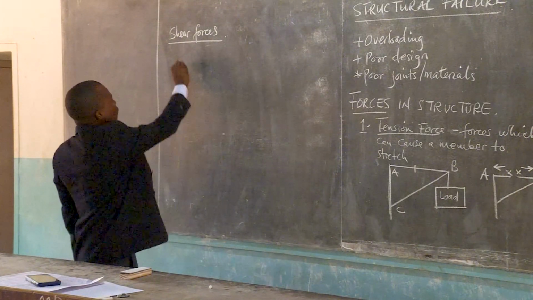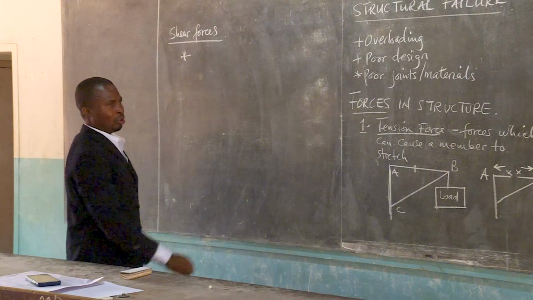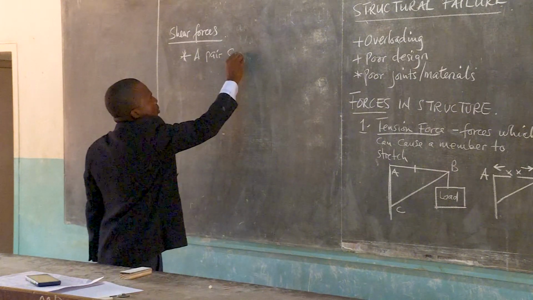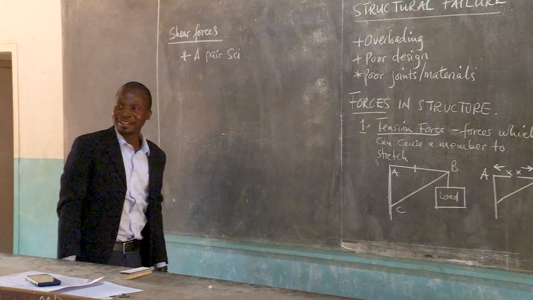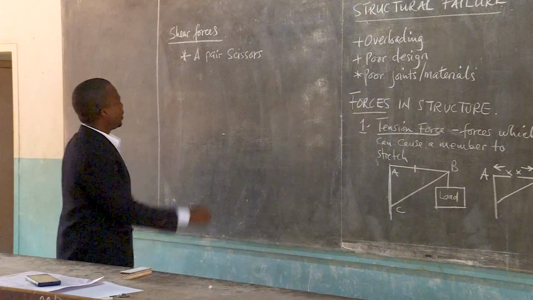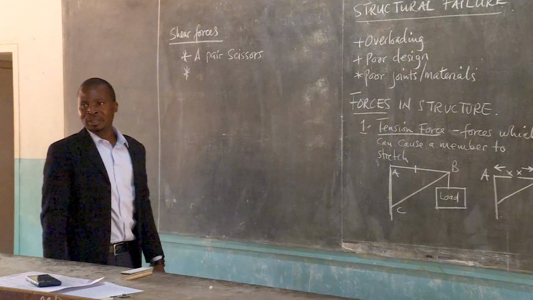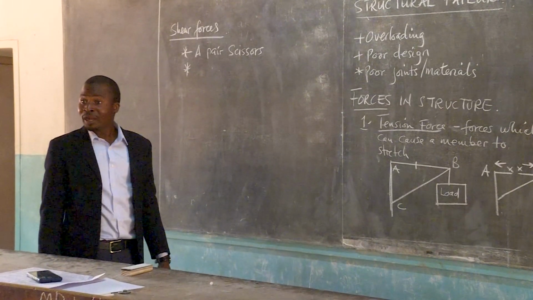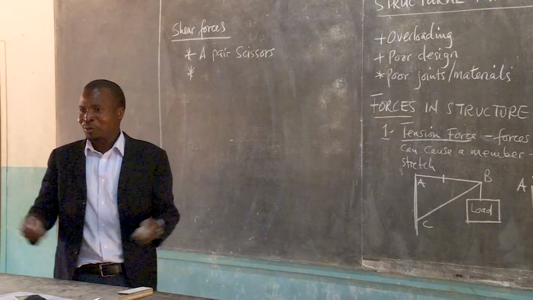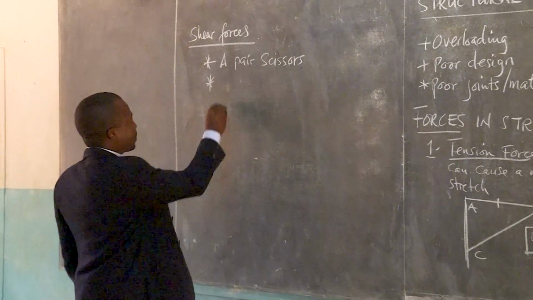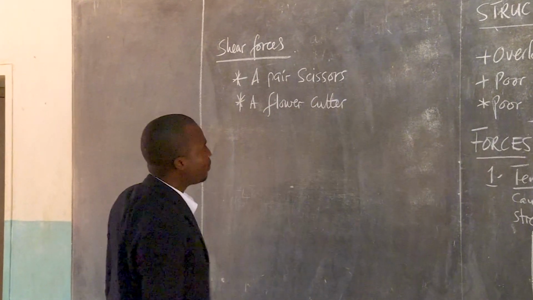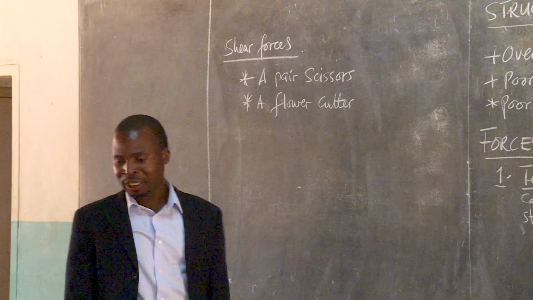Examples of materials which undergo shear forces are a pair of scissors and a nail cutter, what we call a flower cutter. These are examples of shear forces.